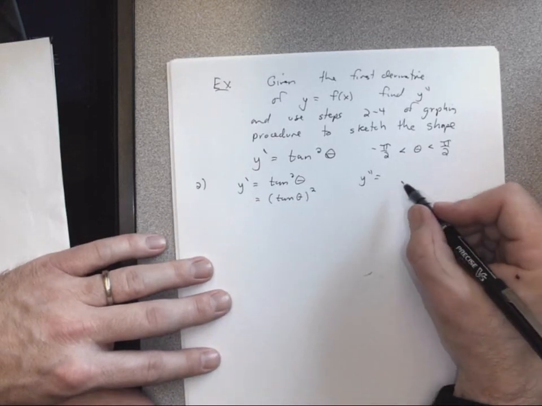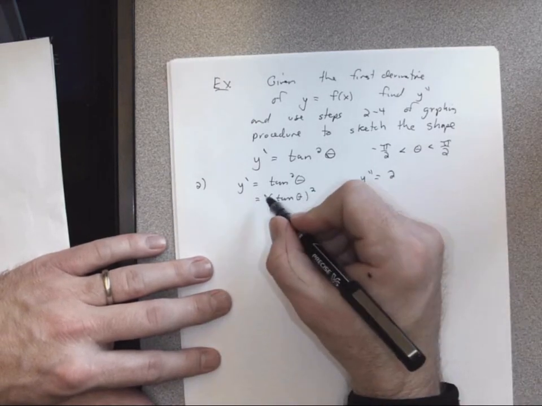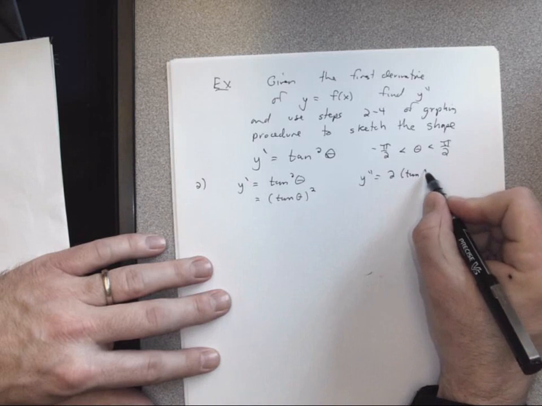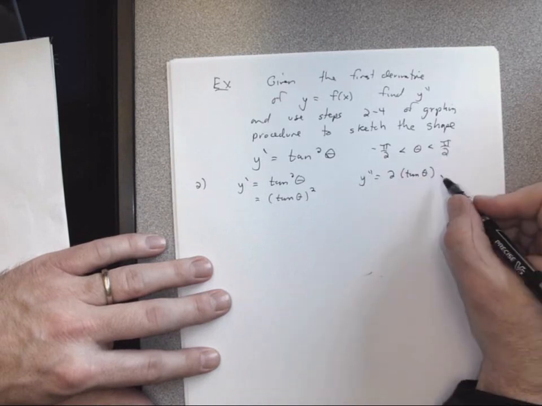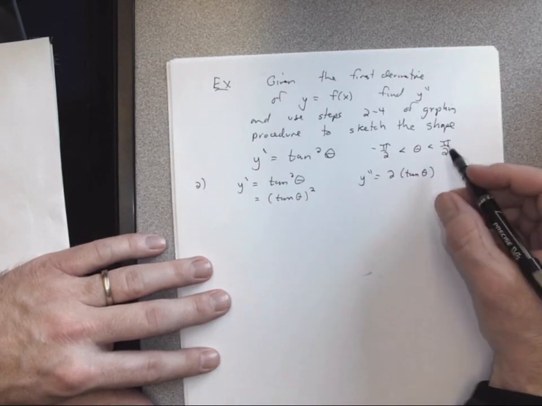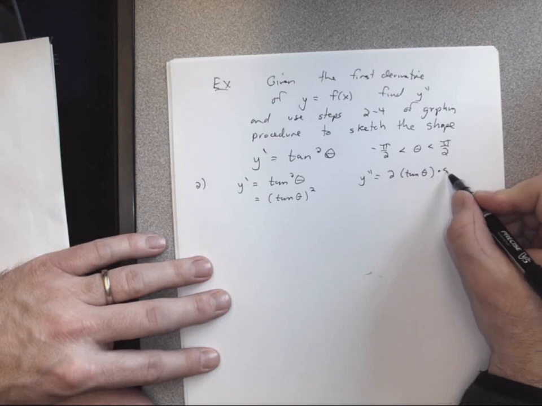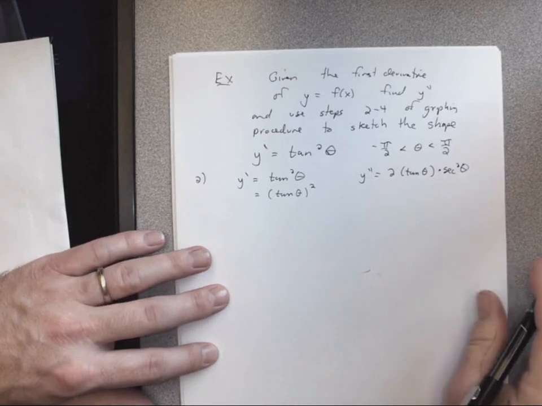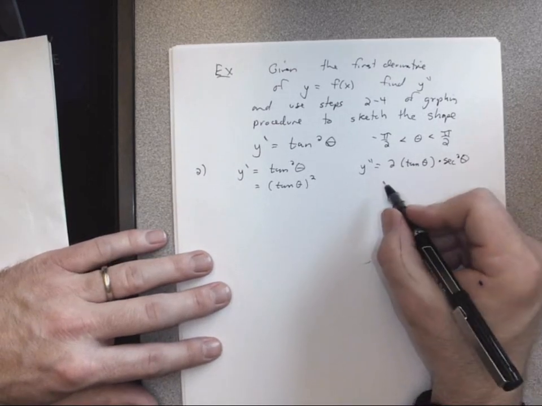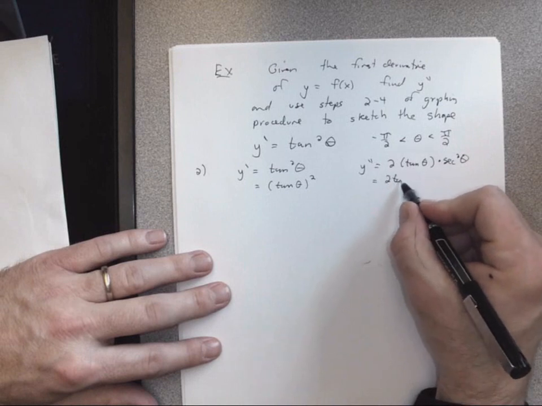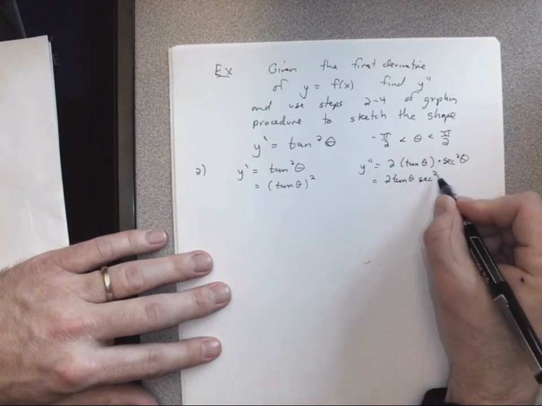So its derivative is going to be 2, this has to come out front, times the tangent of theta to the first power, multiplied by the derivative of the tangent of theta, which is the secant squared of theta. So we get 2 tangent theta secant squared of theta.